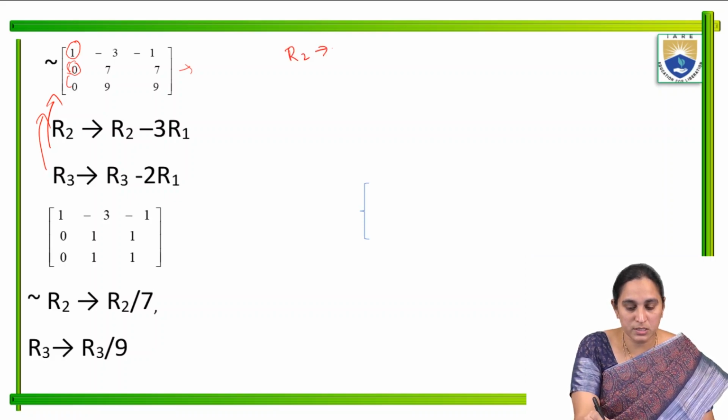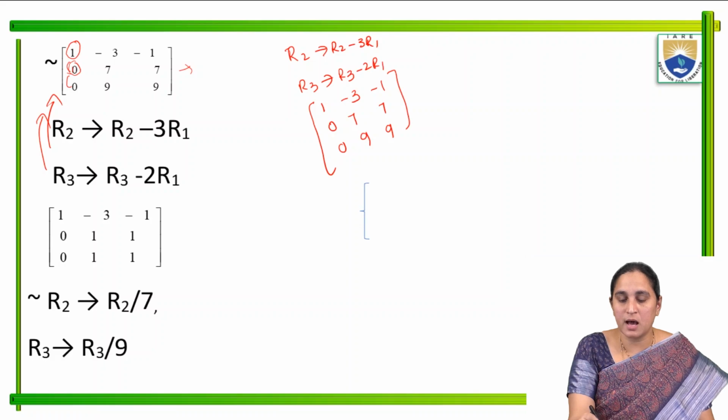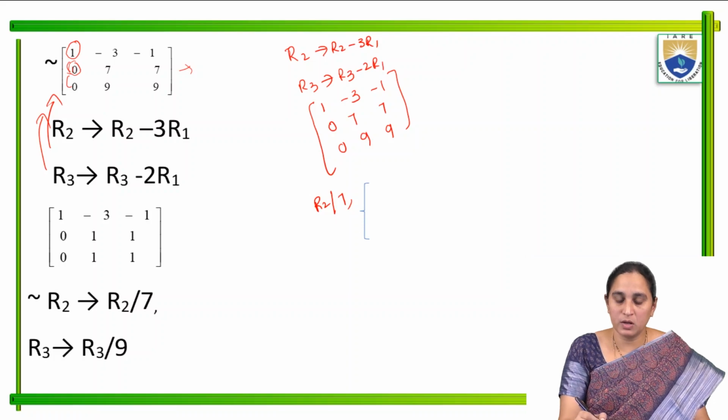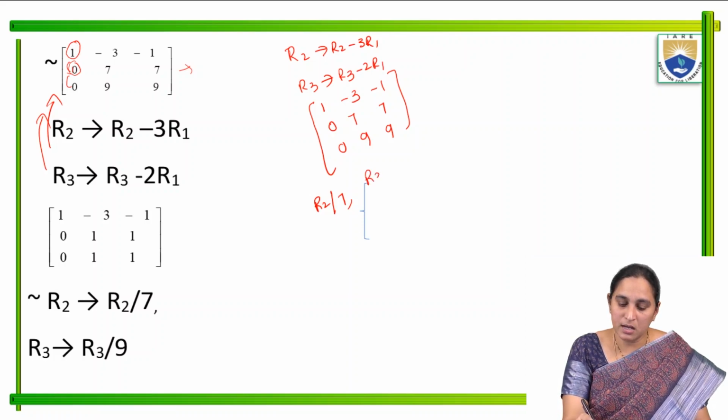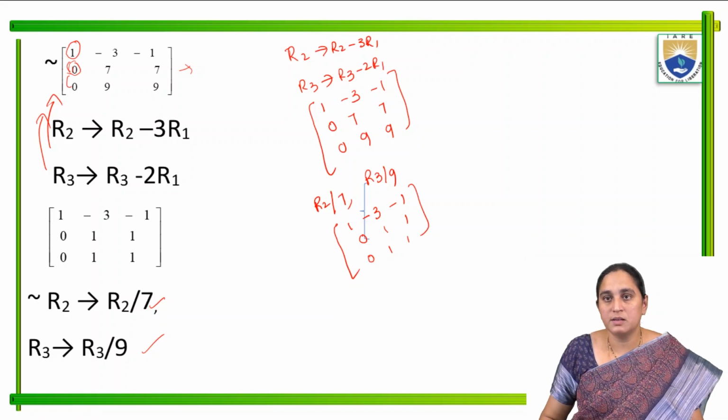After using R2 tends to R2 minus 3R1 and R3 tends to R3 minus 2R1, the matrix is reduced to 1, -3, -1; 0, 7, 7; and 0, 9, 9. Observe that in rows R2 and R3, I'll take common factors: I'll divide R2 by 7 and R3 by 9. Then we get the matrix 1, -3, -1; 0, 1, 1; and 0, 1, 1, after taking out the common 7 and 9.